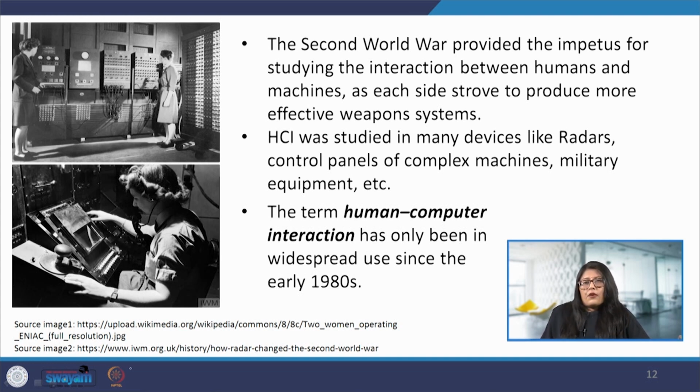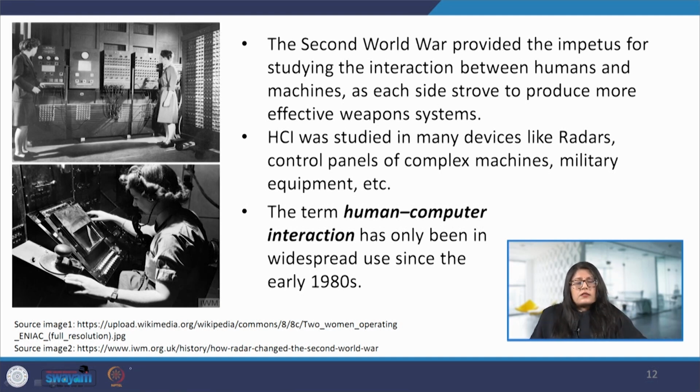Certain kind of training was required to operate this highly complex weaponry. And now cognition also became important, because a person is handling very tough equipment, and how much cognitive load is on his mind, like we discussed in the earlier example.